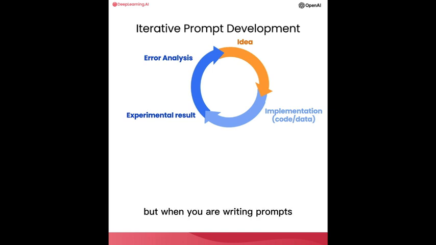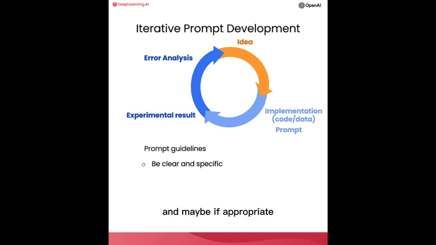But when you are writing prompts to develop an application using an LLM, the process can be quite similar, where you have an idea for what you want to do, the task you want to complete, and you can then take a first attempt at writing a prompt that hopefully is clear and specific, and maybe, if appropriate, gives the system time to think.